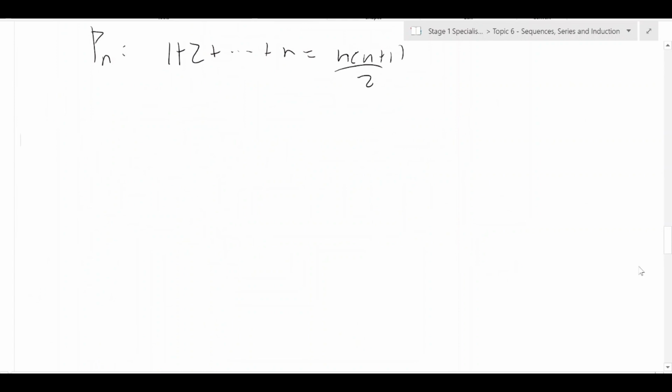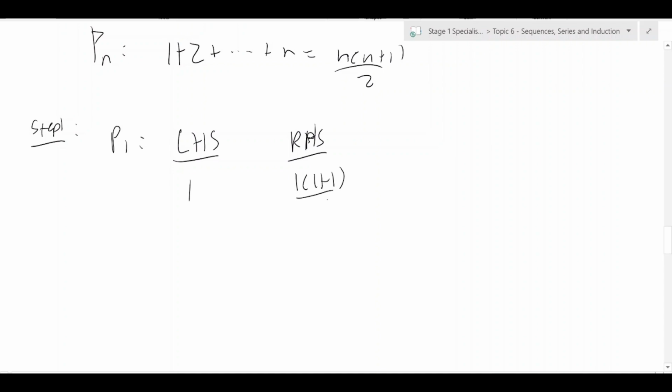So basically step 1 is going to be to prove that P(1) is true. So on the left hand side I get 1, and on the right hand side I get 1(1 plus 1) over 2, which is 1. So that's really good.